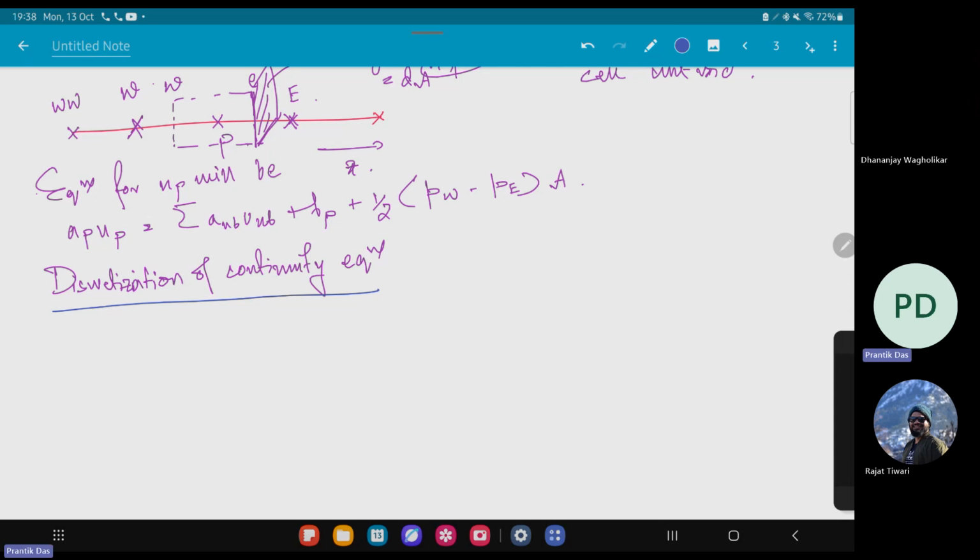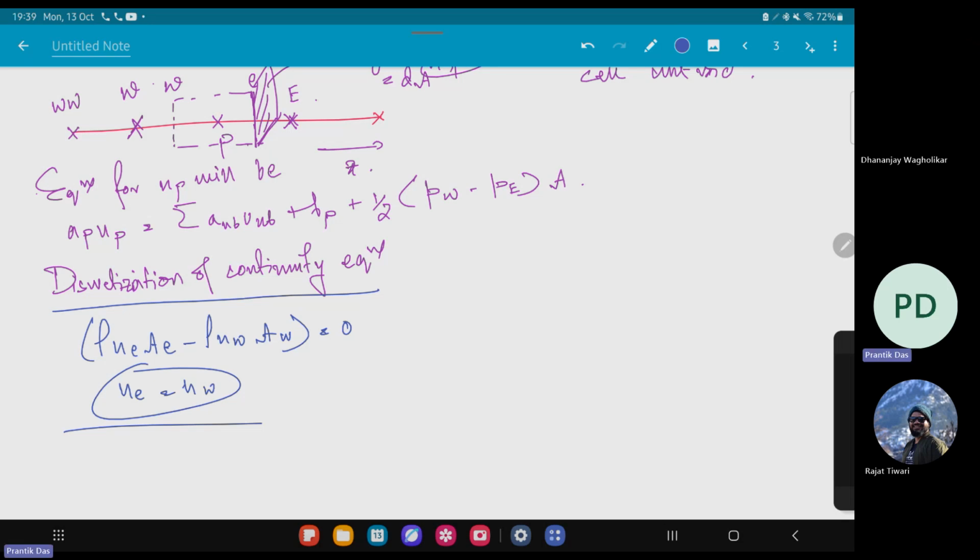The continuity equation is rho UE AE equal to rho UW AW, or UE equals UW, where, for the east surface and the west surface, if the density is the same and the area of cross section is not changing, then the velocity at both the surfaces is the same.